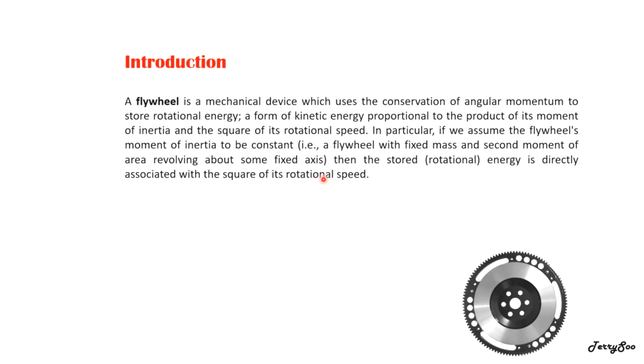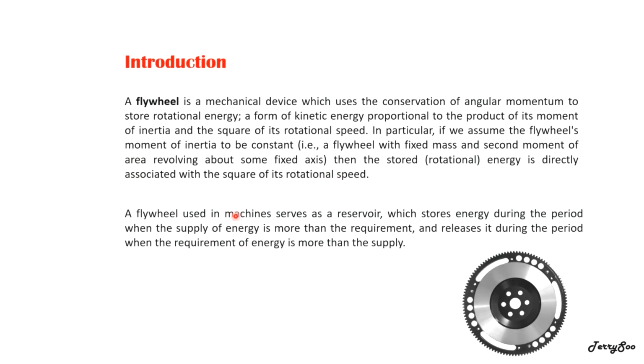Since rotational kinetic energy is half I omega squared, and since I is a constant for a particular flywheel, the only change refers to omega squared. So the angular kinetic energy will change with respect to omega squared.